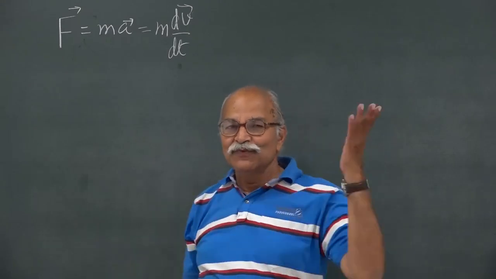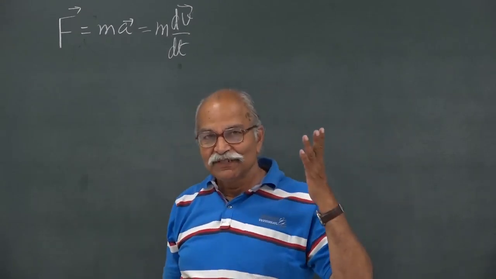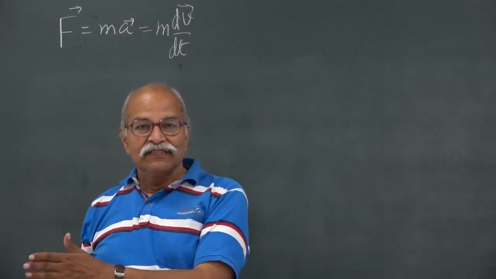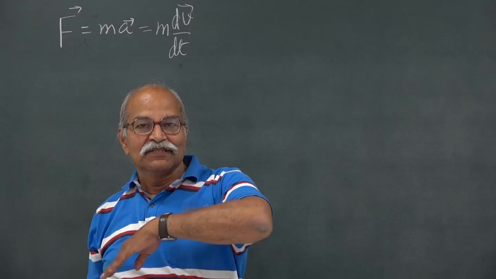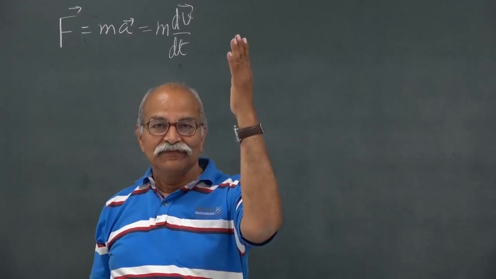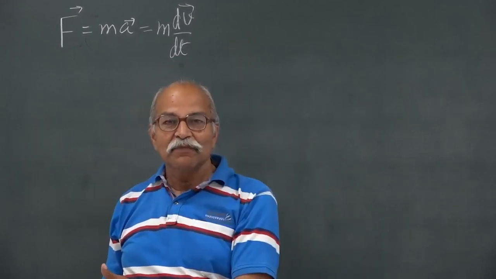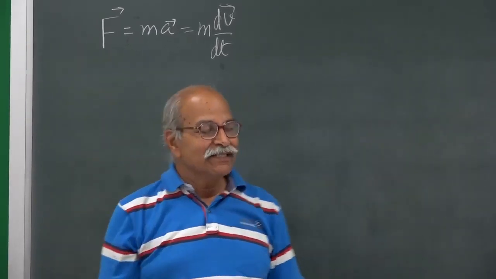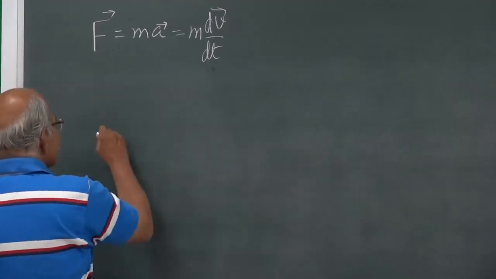And this we had used very extensively in our school days, that if there is a force in the x direction, there is no effect of this force on the motion in the y direction. When you do a projectile problem, you say that the force is in the vertically downward direction.